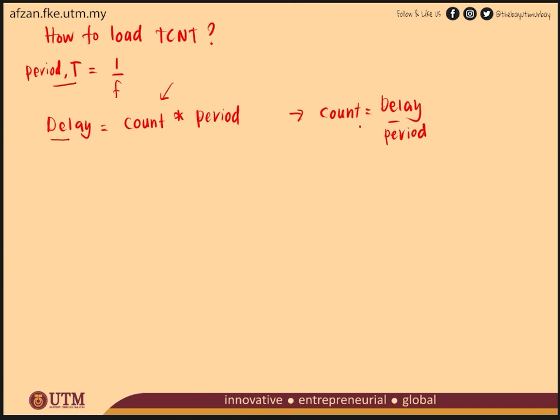Okay, once you get your count, the third formula that you're going to memorize is TCNT equal to FF minus count plus 1. Okay, this is the third.